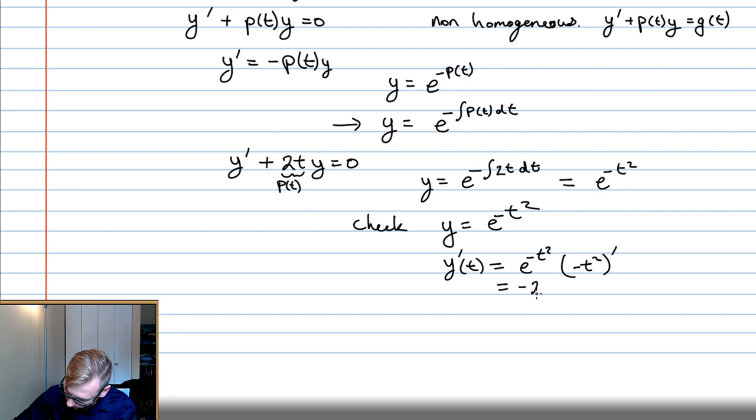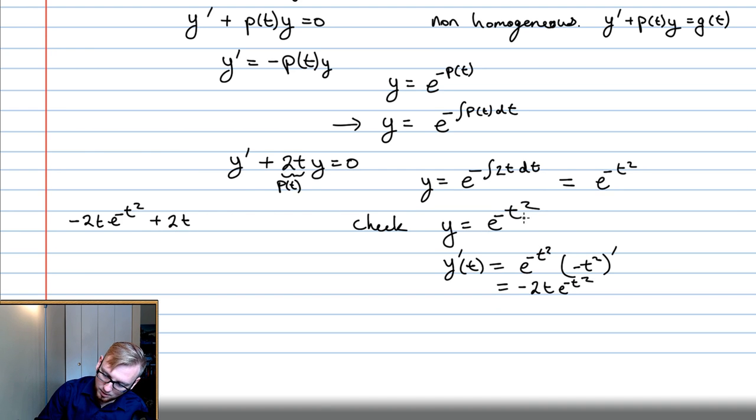I'm just going to write negative 2t e to the negative t squared, and we're going to plug that in over here on the left. So we've got negative 2t e to the negative t squared plus 2t times y, which is e to the negative t squared, equals 0. Yeah, they cancel each other out, so 0 equals 0, and we're done. So we know that's an answer.